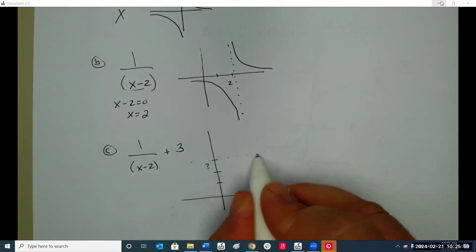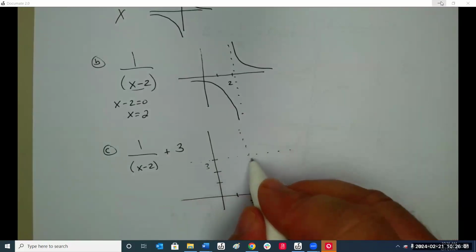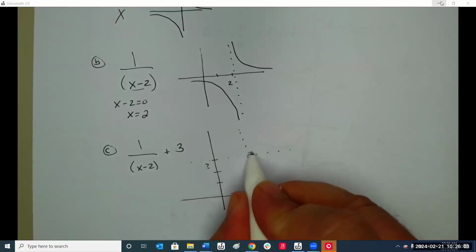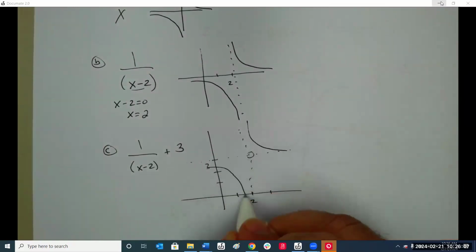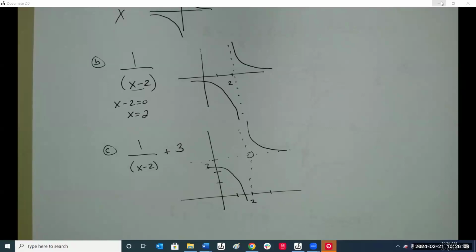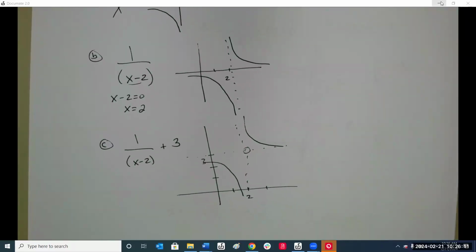So my new origin shifted to there. So the graph looks the same. And again, you just have to plot some points. And once you get that, then it's okay. So far, so good? So those are horizontal and vertical shifts. Now let's look at reflections.